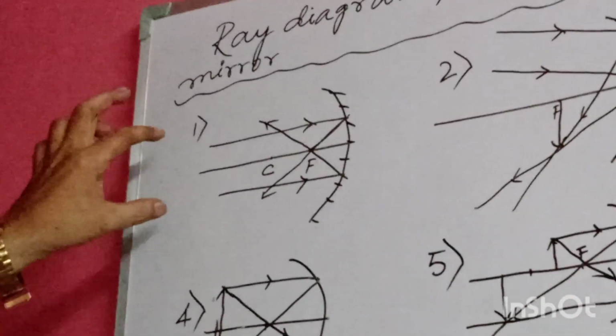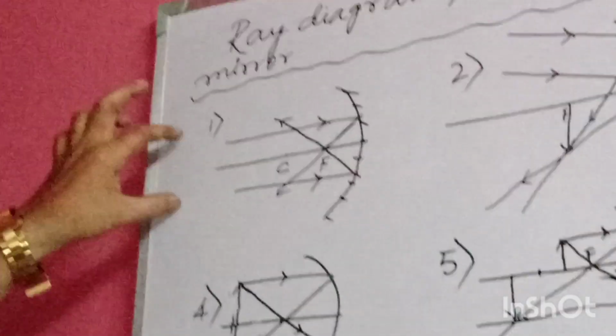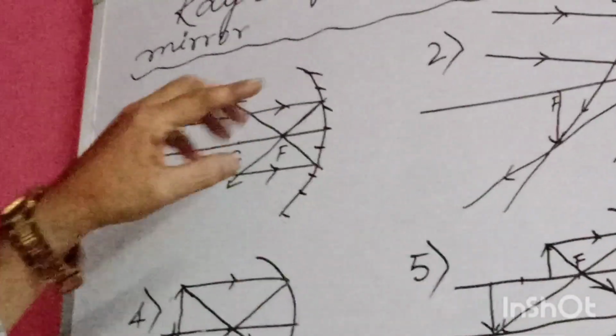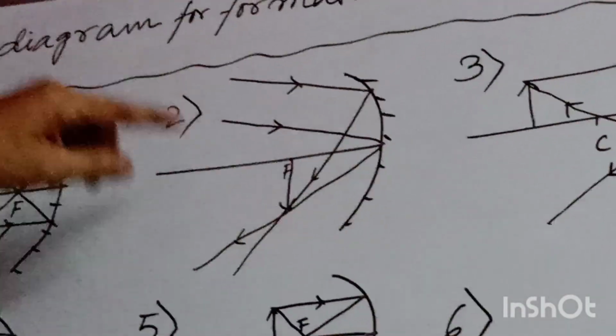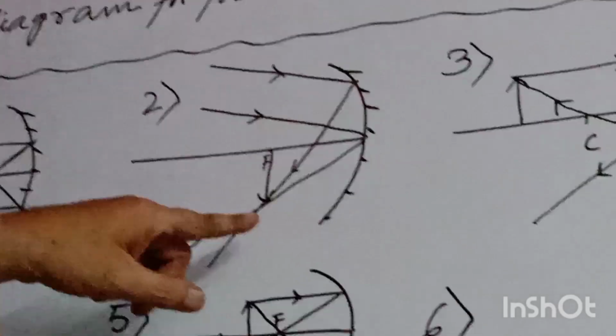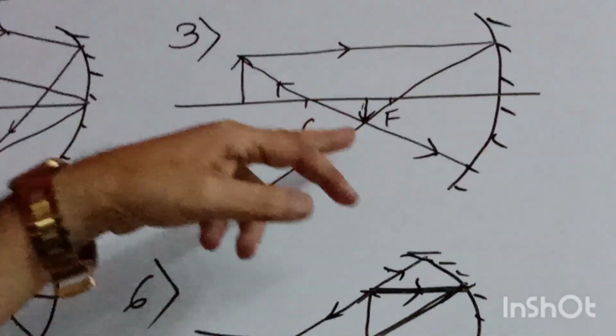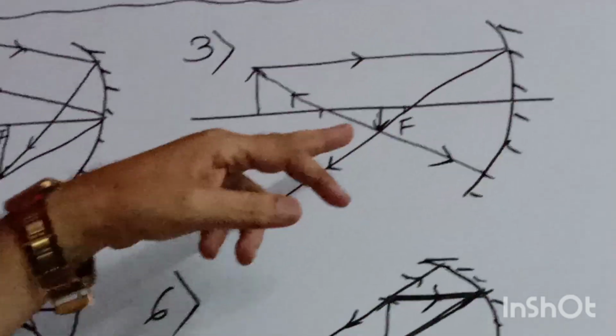Here in the first diagram, the ray of light comes from infinity, so a point image is formed. When a ray of light falls obliquely, then an inverted image is formed. In the third diagram, a highly diminished inverted image is formed.